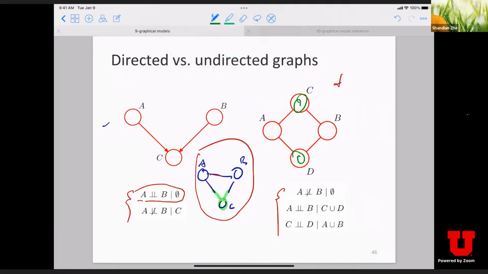And conditional on A and B, C and D are independent. You cannot create any Bayesian network which has all 3 results satisfied. You can try that. So basically there is some undirected graphical model that cannot be represented by Bayesian networks.